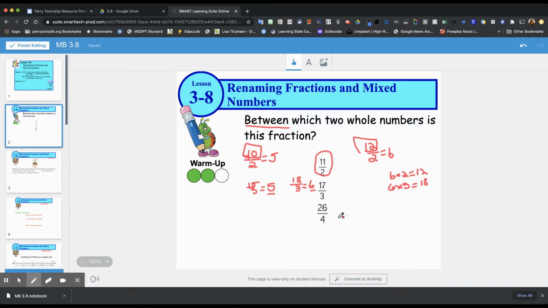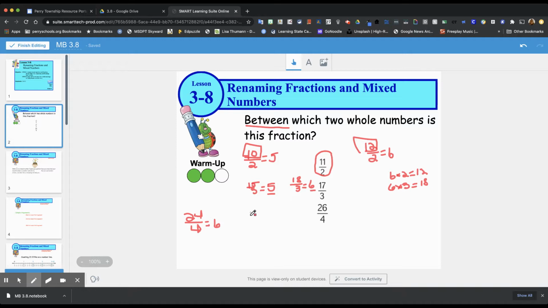And finally, 26 fourths. What would that be? You can think about it as division, and then think about where that would lie. I know 24 divided by 4 equals 6.